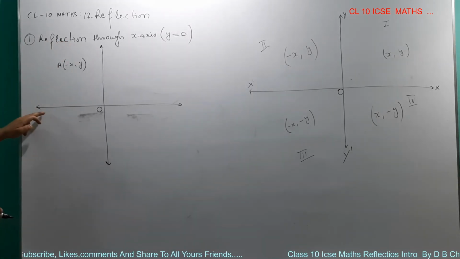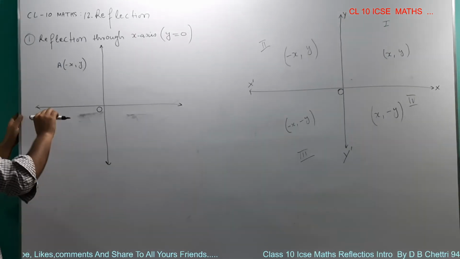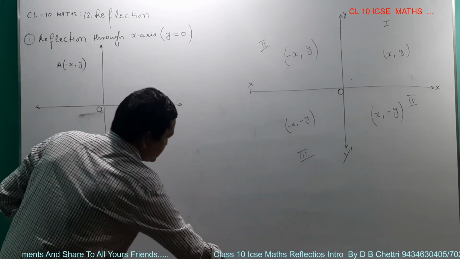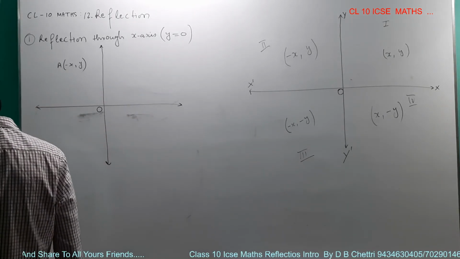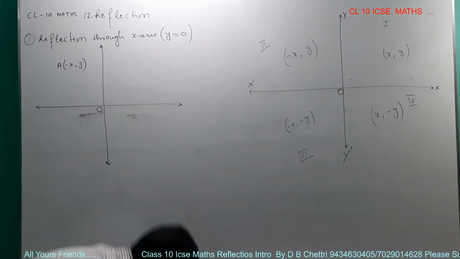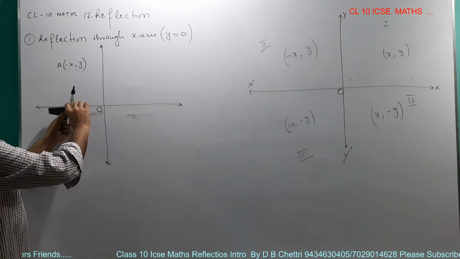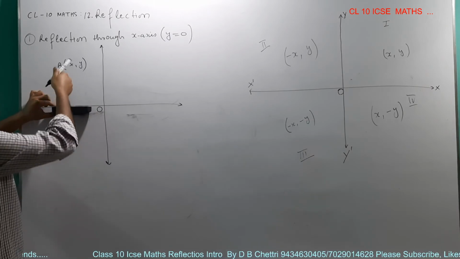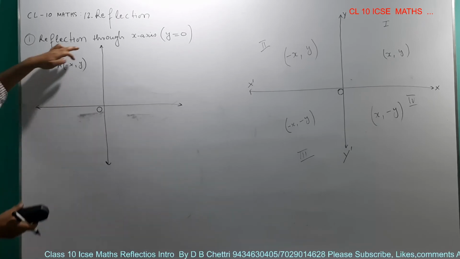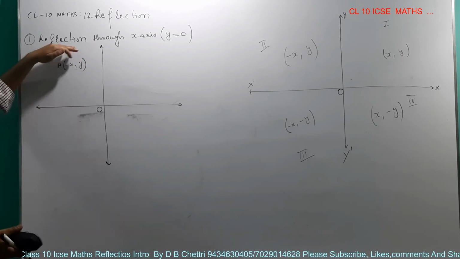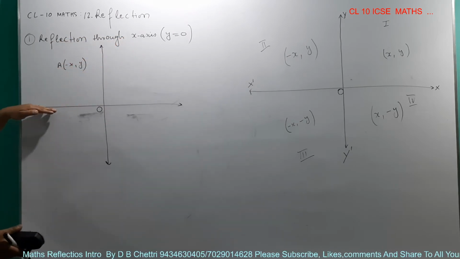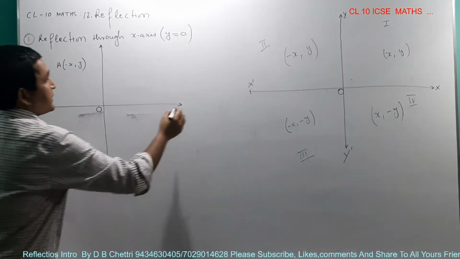The x-axis is this line, and remember, this line is your mirror. Now this is the object, and this is the mirror. Because the question asks to find the reflection through the x-axis, or y equals 0. The x-axis means this horizontal line.